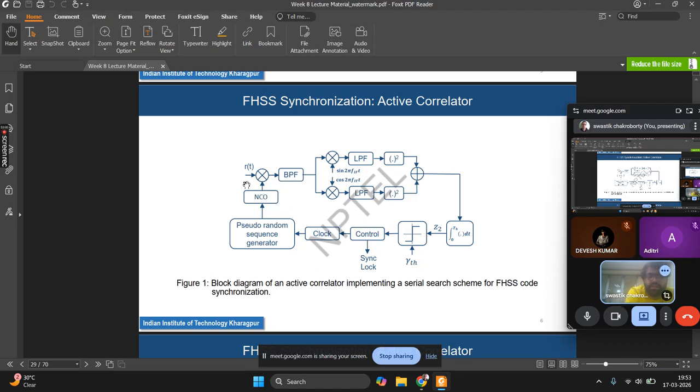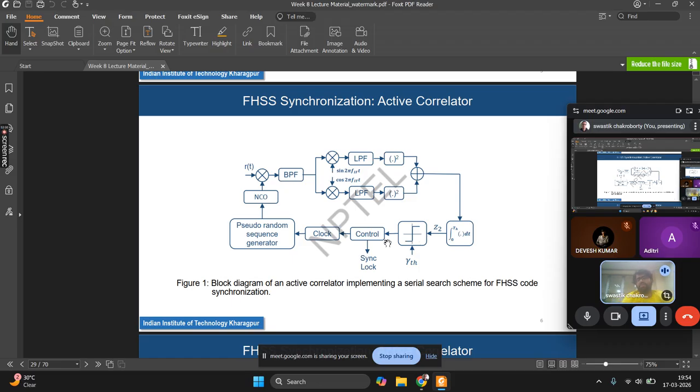Each time, you give a local code generator. This NCO is the code generator or oscillator, this hop generator. Each time this frequency hop is generated by the local oscillator, it is correlated with the particular incoming signal, and the results of the correlations are accumulated and passed into a threshold comparator.